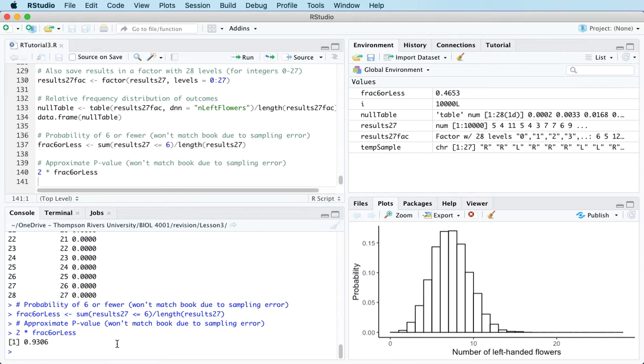So if we think about the flowers example, we failed to reject the null hypothesis there. But what if that null hypothesis was false? So we should have rejected it, but we failed to reject it. So again, we've made a mistake, and that's a type 2 error.